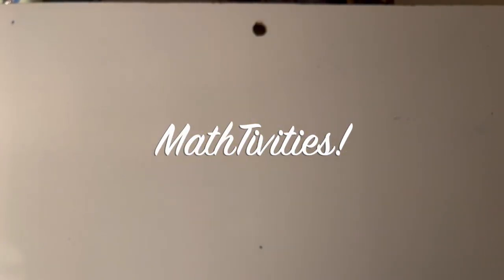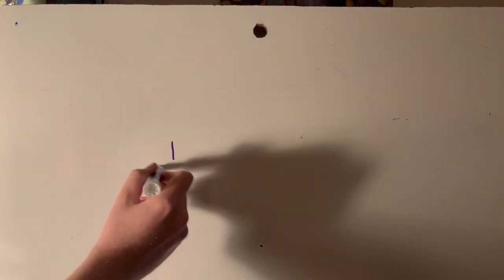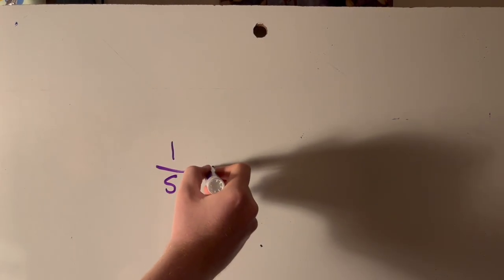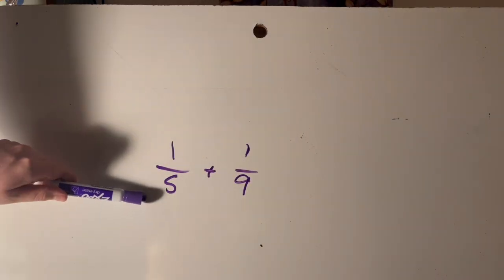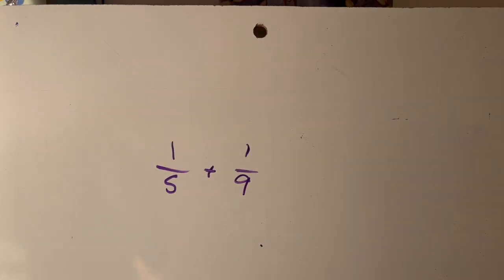Today is going to be an extension on the fractions video. I had a couple questions about adding fractions with different denominators, like for example 1/5 plus 1/9. So this can trick a lot of people up, but similar to the other video, one of the main things you want to do, as stated before, when you subtract, you need a denominator that is the same on both sides.